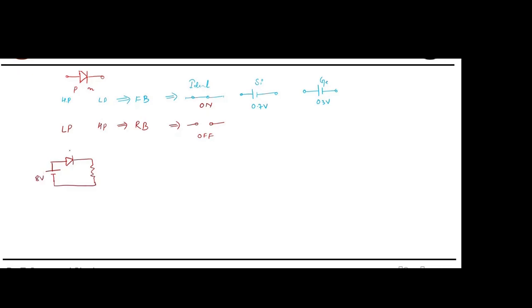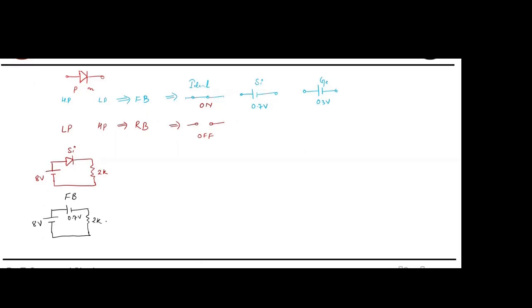Suppose this is 8 volt and this is given as silicon, and let's say this is 2 kilo ohm. What will happen? So is it forward bias or reverse bias? Forward, yeah, it is forward bias. So you can just replace the silicon diode with 0.7 volt, and you can connect it like this. Fine.